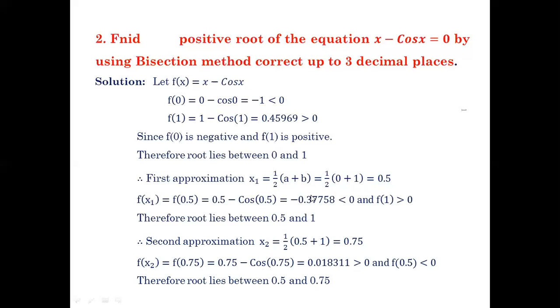The negative value in the previous step is f of 0.5, less than 0. Therefore, the root lies between 0.5 and 0.75.